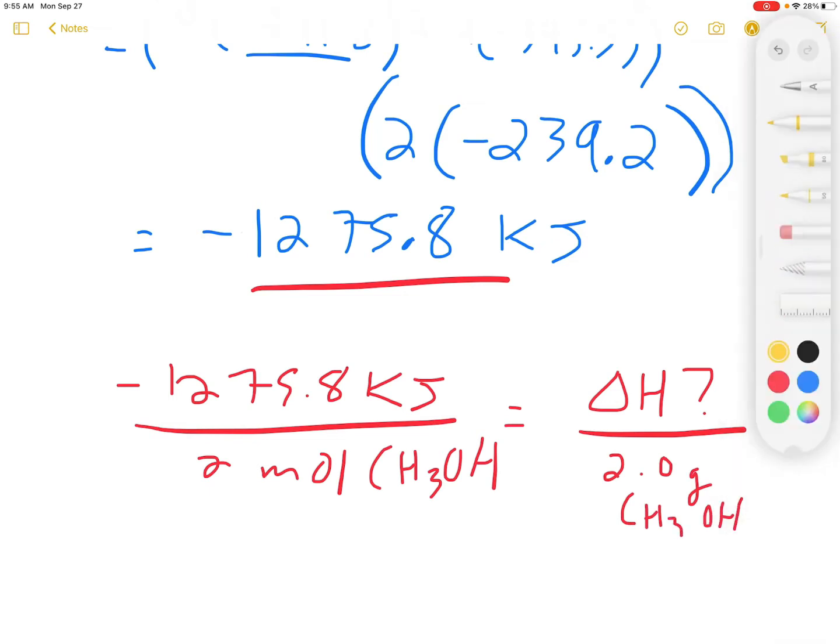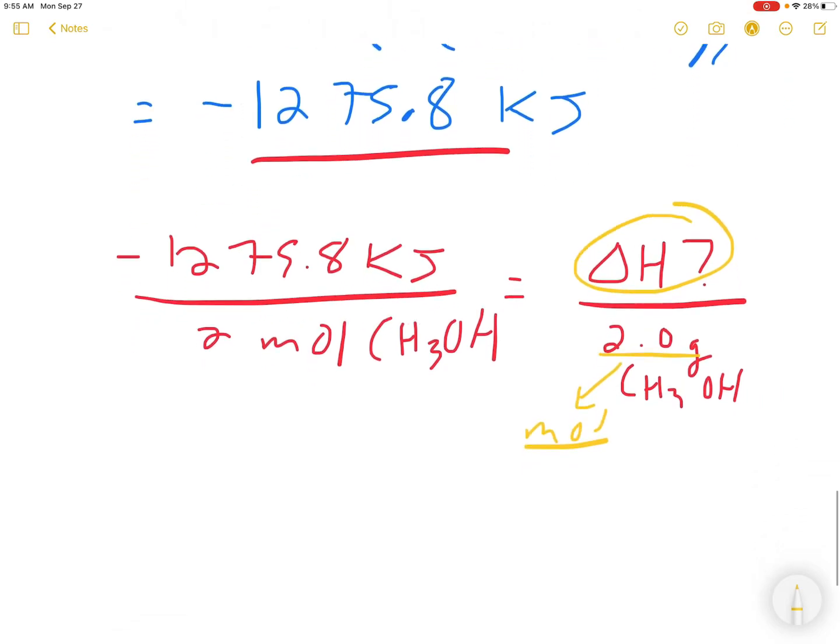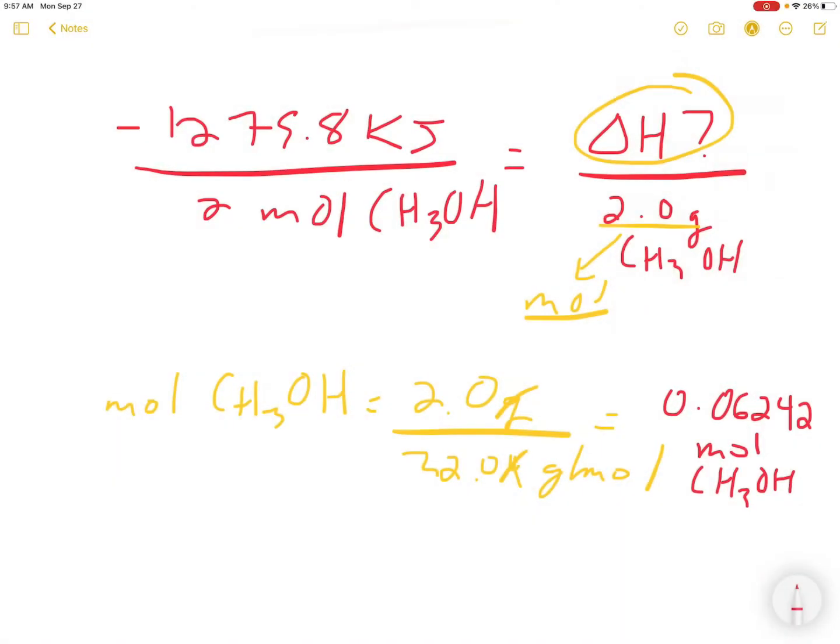And so what we're going to have to do is convert this amount to moles. So quickly dividing the mass by the molar mass, we get 0.06242 moles of CH3OH.